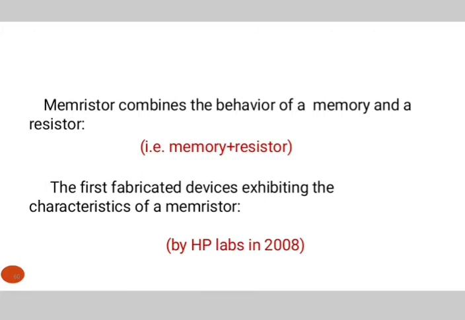Now we know that every electronic circuit can be designed by using several passive components, namely the resistor, capacitor as well as inductor, but there is an essential fourth component which is termed a memristor.